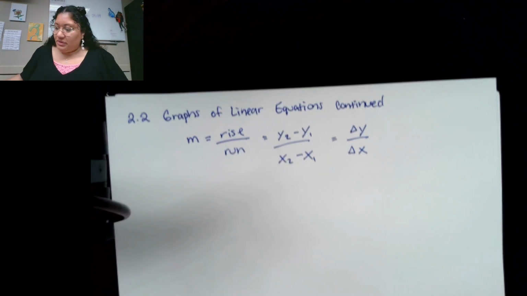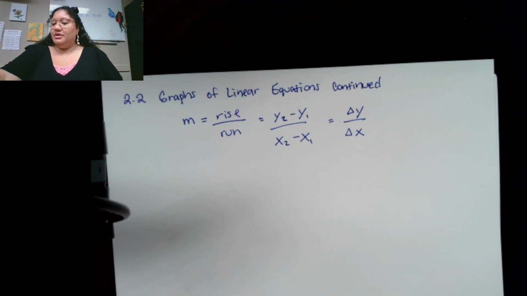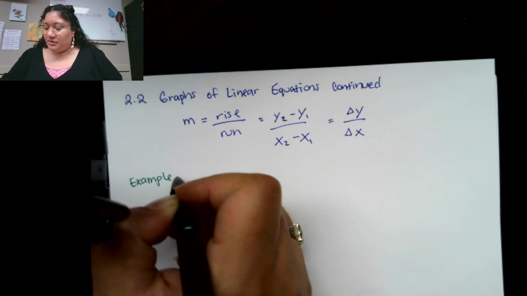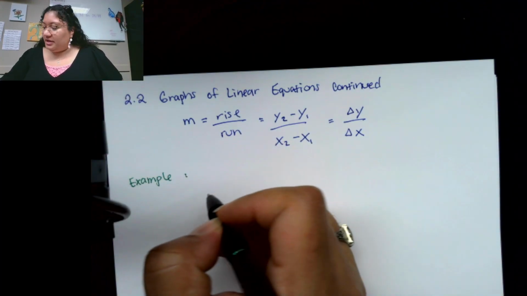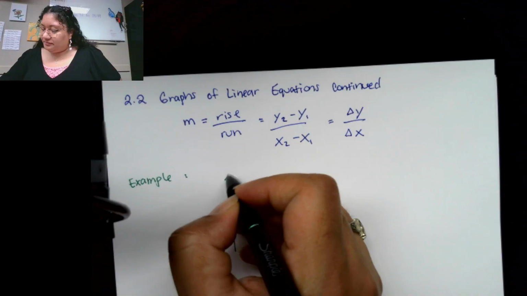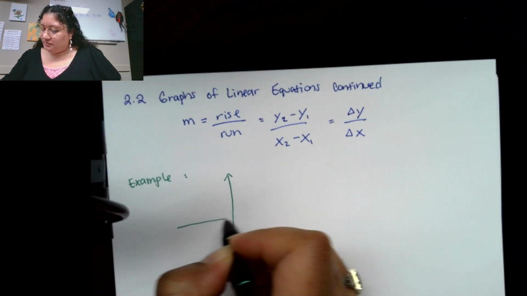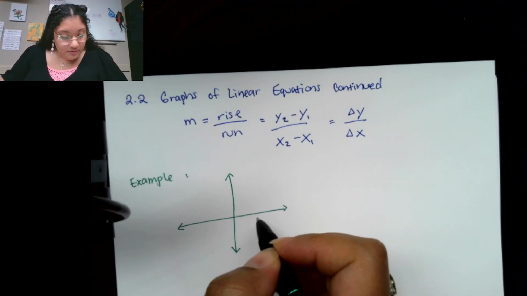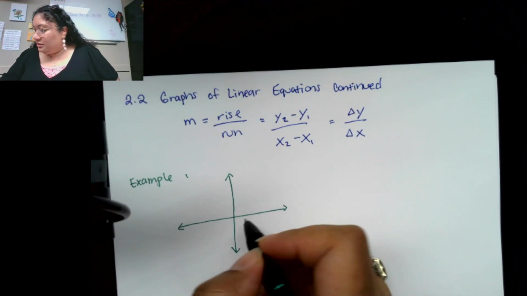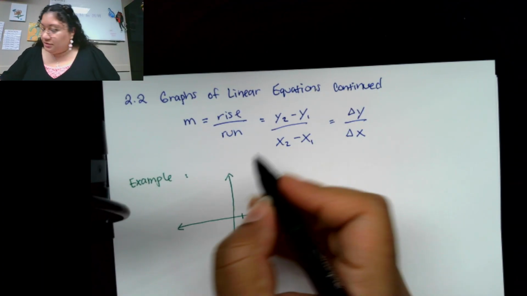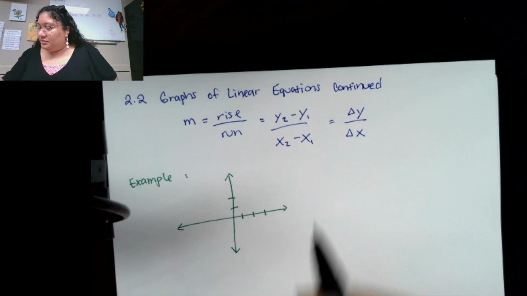Okay. If I have, let me get my pens. So I'm doing an example. If I have this graph, 1, 2, 3, 1, 2, 3, 1, 2, 1, 2.